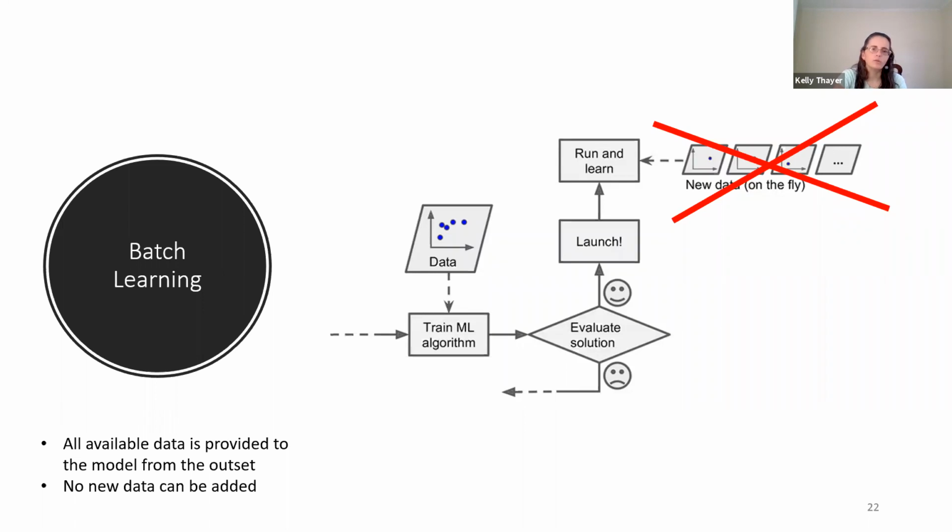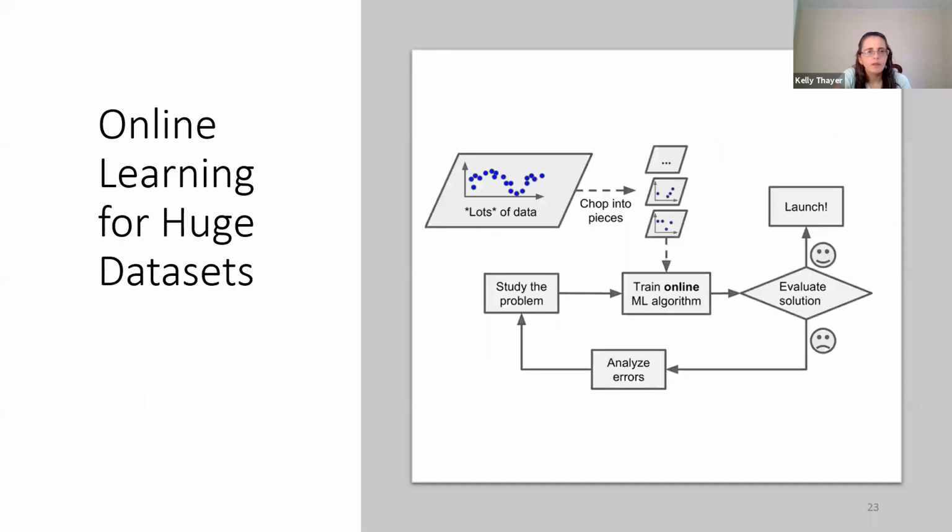Maybe it's some particular event, like a geological event, where you're studying a volcano and then the volcano erupts, so you cannot get any more data about what the state was like prior to the eruption, after the eruption, something like this. Online learning for huge data sets.